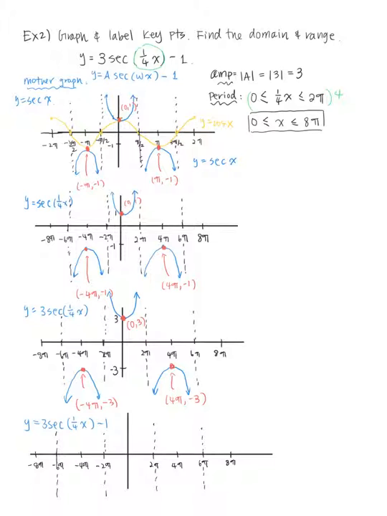So this point right here is just going to become 0 comma 2, and then this point right here is just going to become -4 pi comma -4, and then this point here, just bring it over here, it's going to be 4 pi comma -4. That's the only difference. So let's go like that.